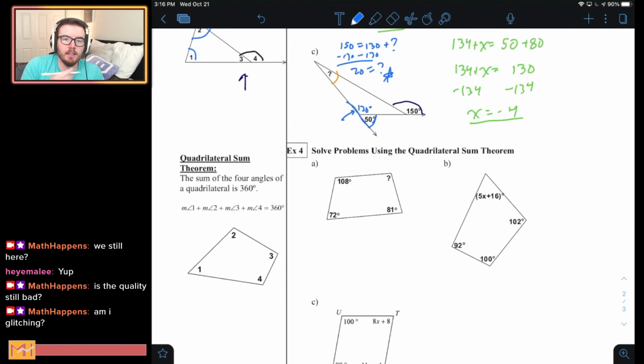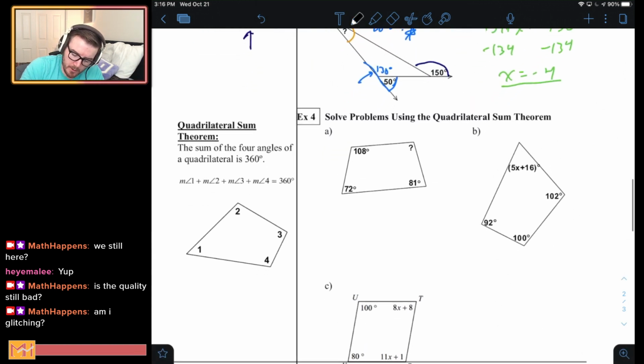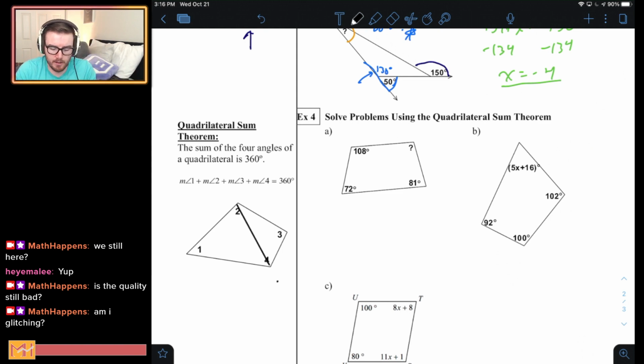And to just up the ante here, right? What is a quadrilateral? A quadrilateral is essentially two triangles put together. How many degrees are in this triangle? 180. How many degrees are in this triangle? 180.